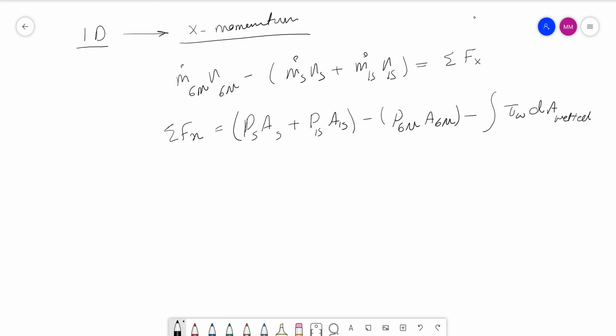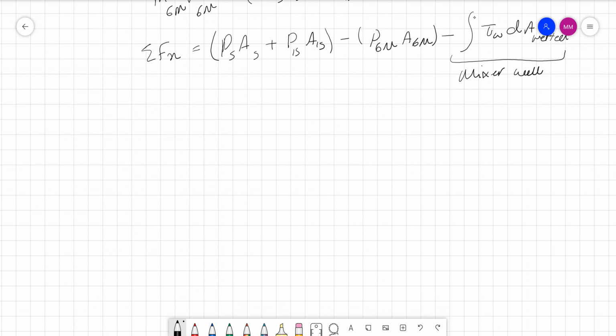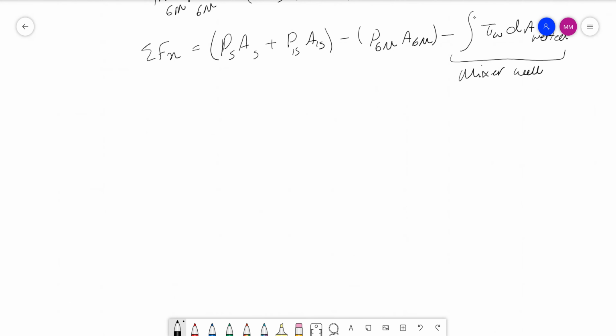Okay. This last term is actually the wall friction drag acting on the mixer wall. So we are only going to replace this with the friction drag of the mixer, D f of mixer.